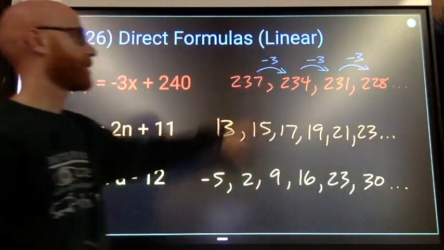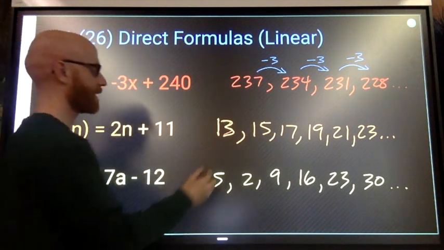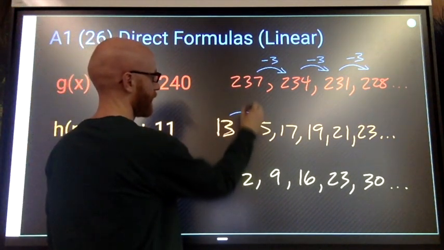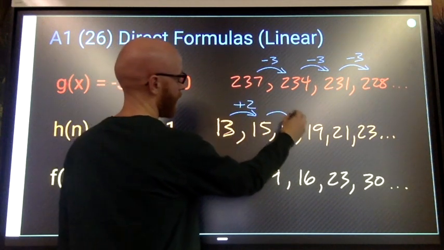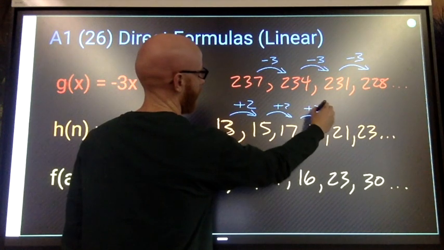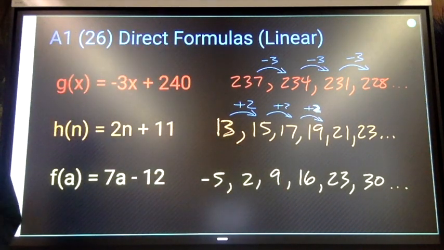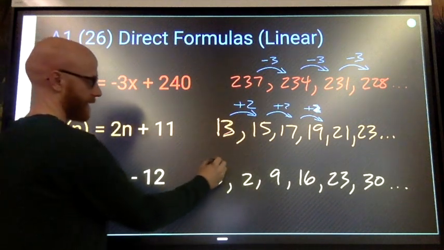So in this first sequence, the pattern is count down by 3s. In the second sequence, the pattern is count up by 2s. And in the third sequence, the pattern is count up by 7s.